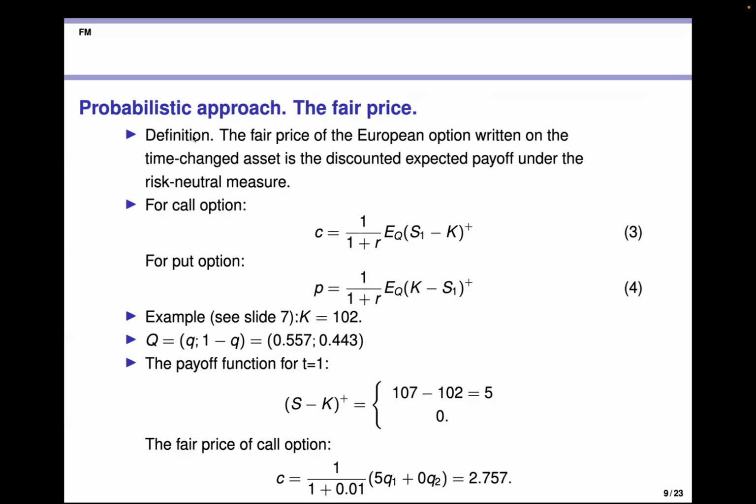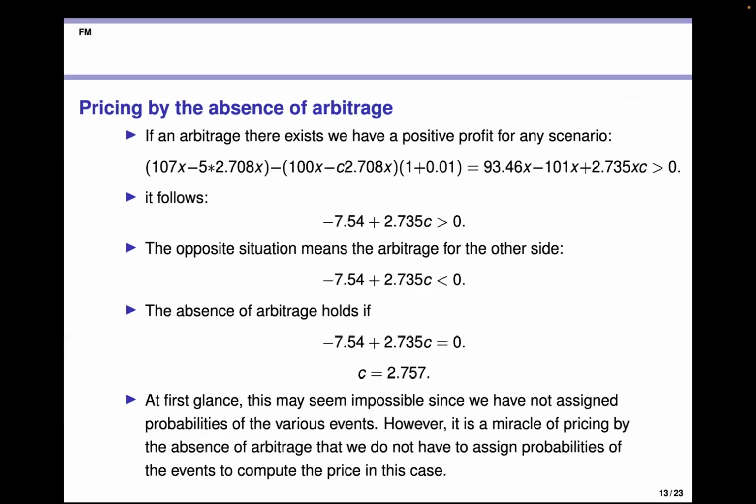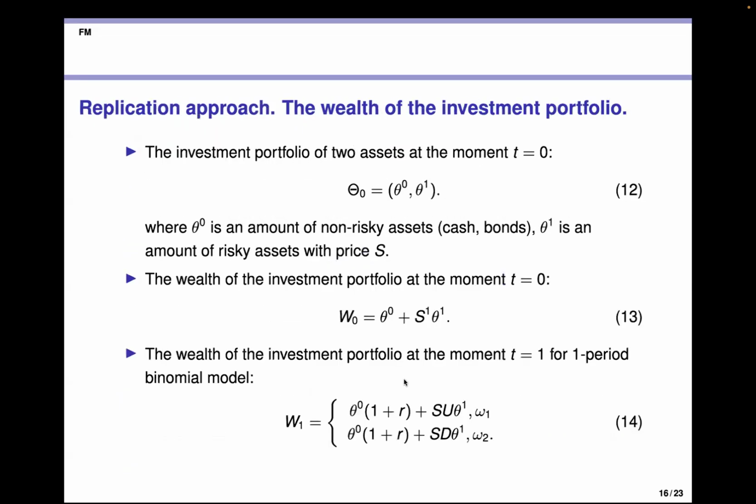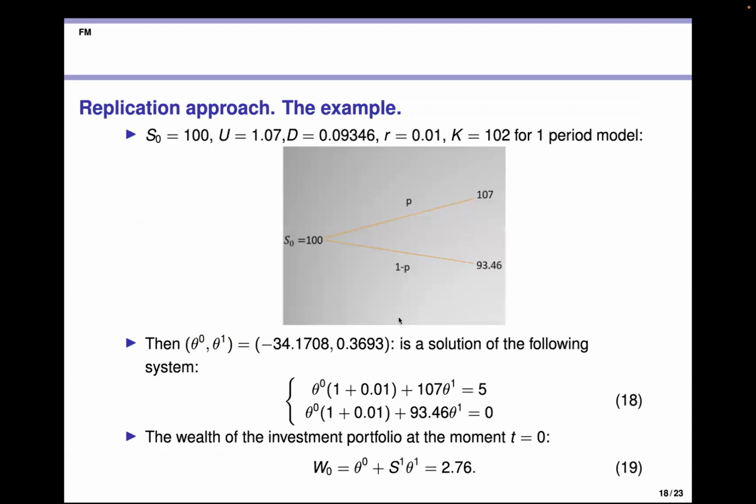It is by the probabilistic approach. It is by pricing by the absence of arbitrage, 2.757.